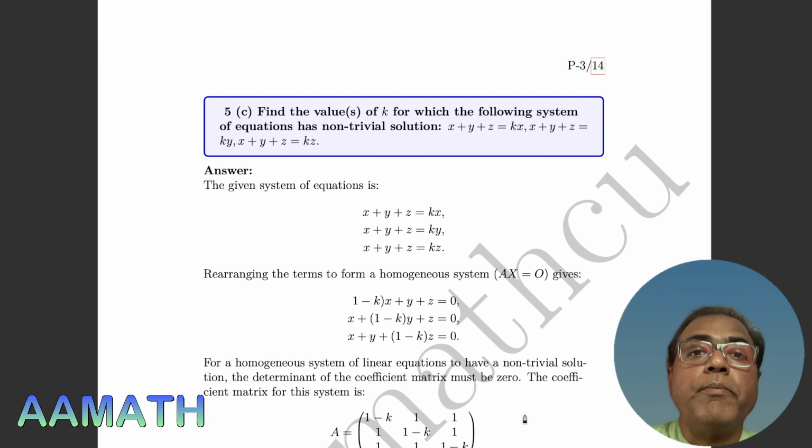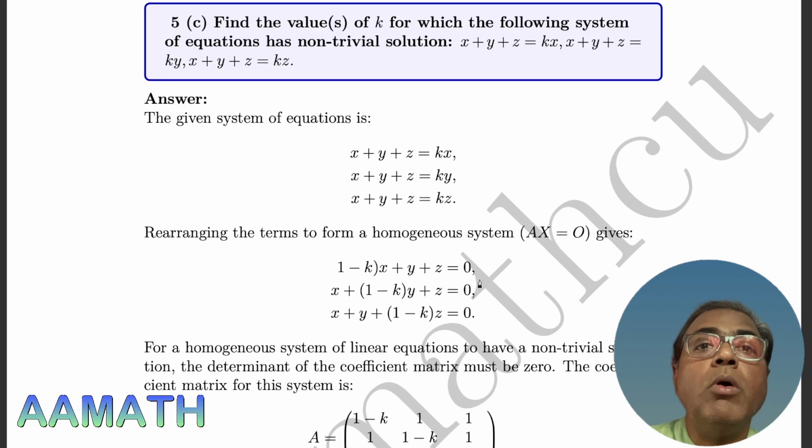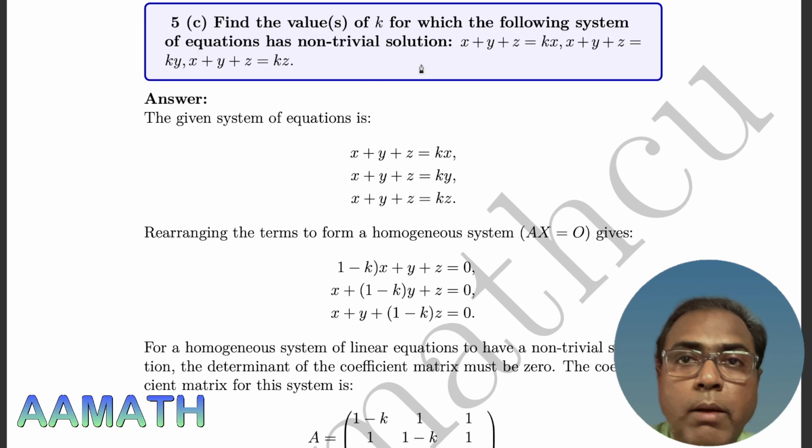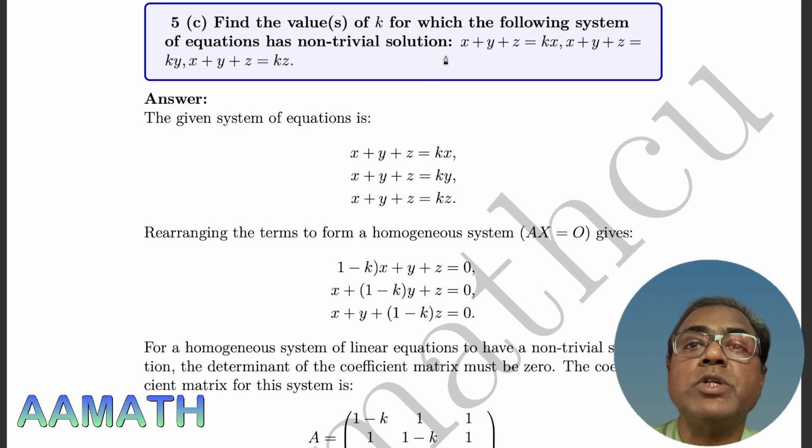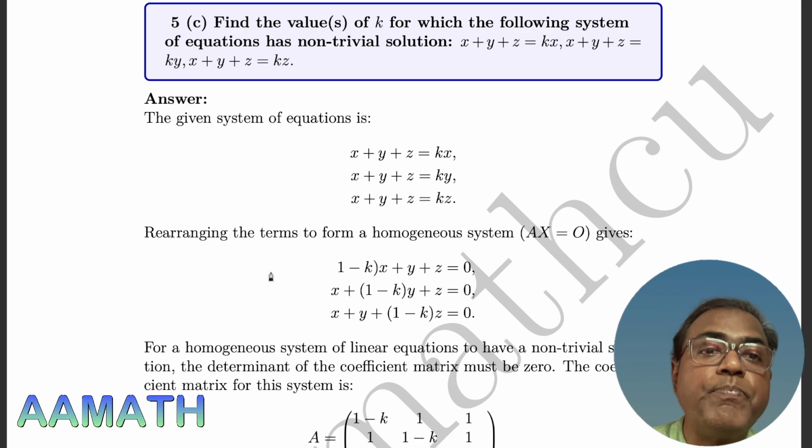Next question 5c. Find the values of k for which the following system of equations has non-trivial solutions. The system is x plus y plus z equal to kx, x plus y plus z equal to ky, x plus y plus z equal to kz.